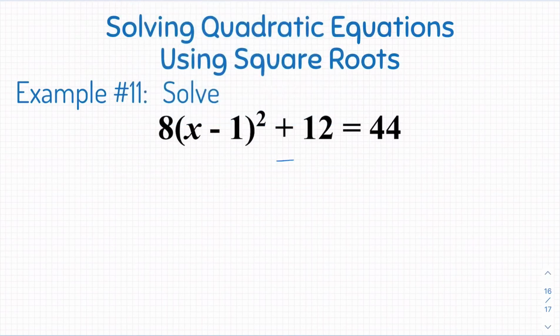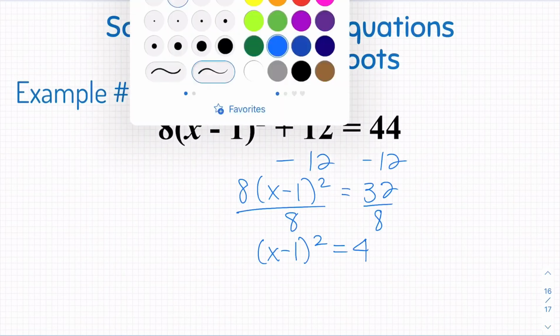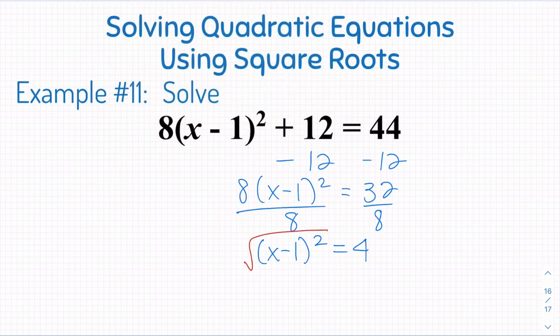So I'm going to start by subtracting 12. That's my constant. Then I'm going to divide by 8. Then I'm going to take the square root. But the square root of 4 is clean.